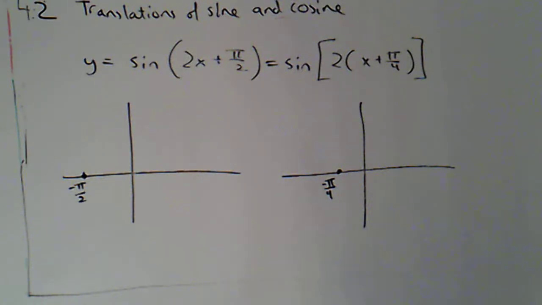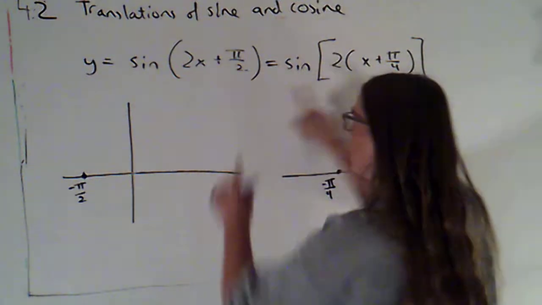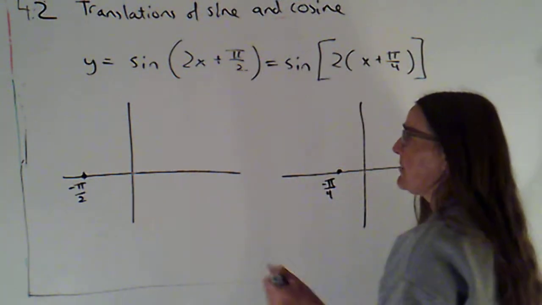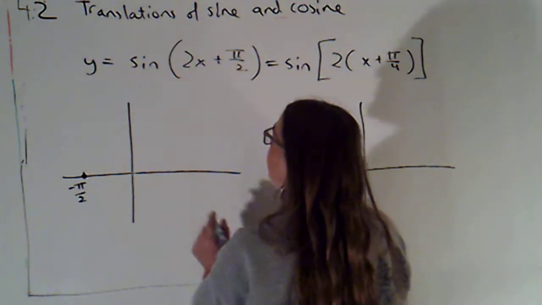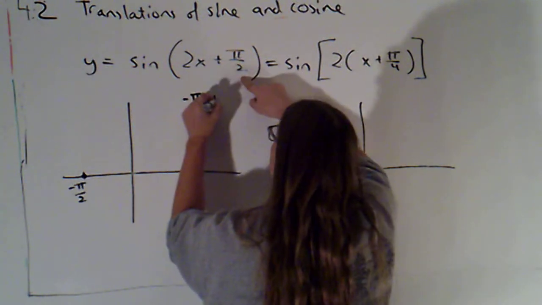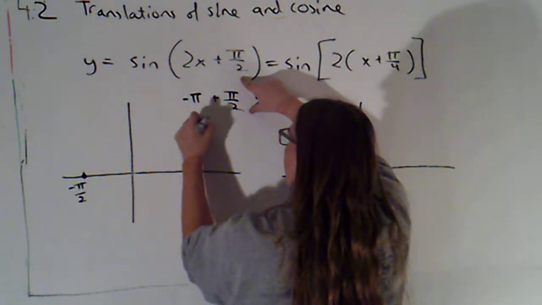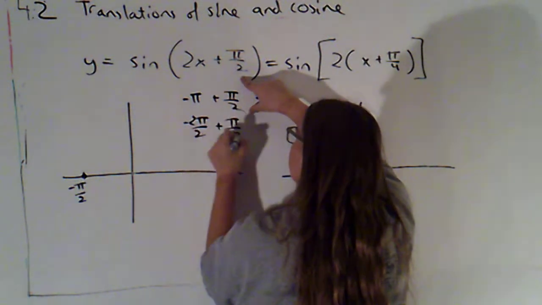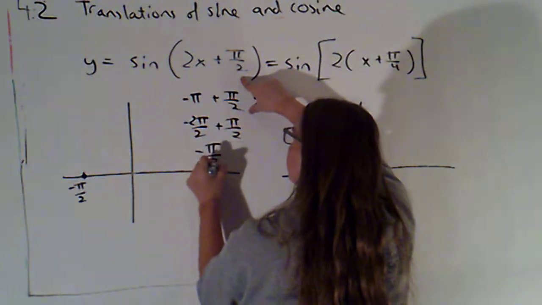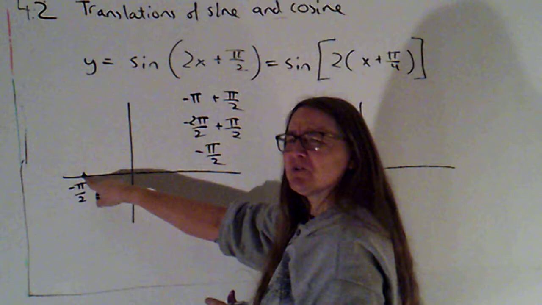Okay. If I take negative pi over 2 and I plug that in here, and it doesn't matter which one I plug it into, I should get the same thing. If I plug in negative pi over 2, when I multiply it by 2, that would make it negative pi, plus pi over 2. That's negative 2 pi over 2 plus pi over 2. So that's negative pi over 2. Sine of negative pi over 2 is negative 1, not 0.